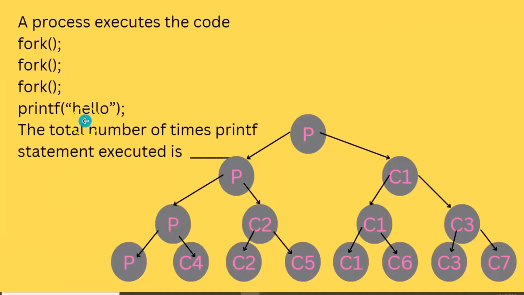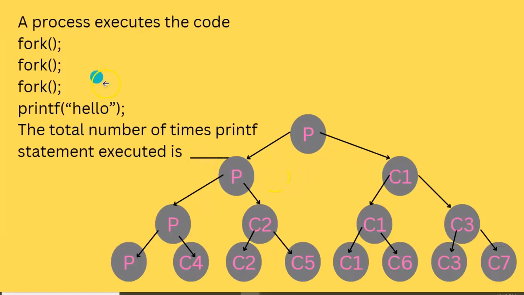For the same code, the question is, the total number of times the printf statement is executed is? Now we refer to this binary tree diagram for the fork system call. For the first fork system call, this parent process will create this child process, that is P and C1.